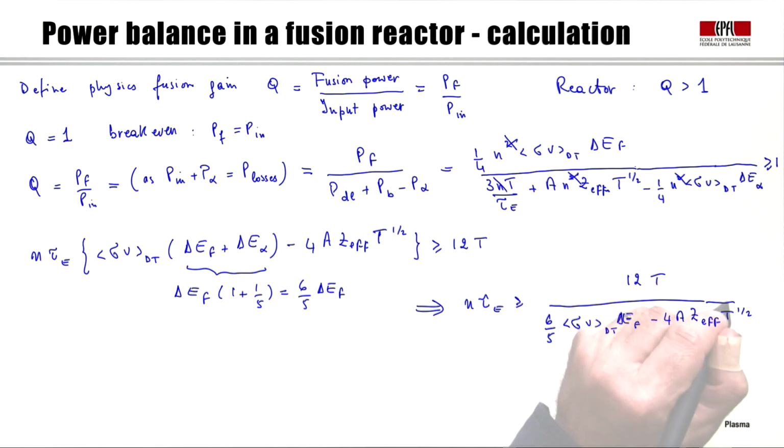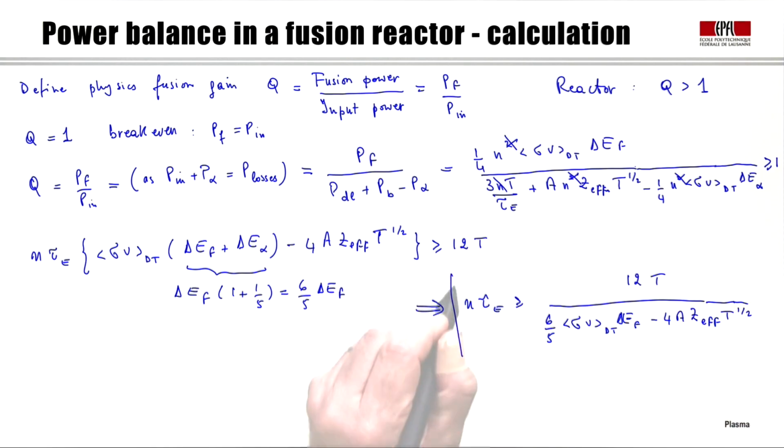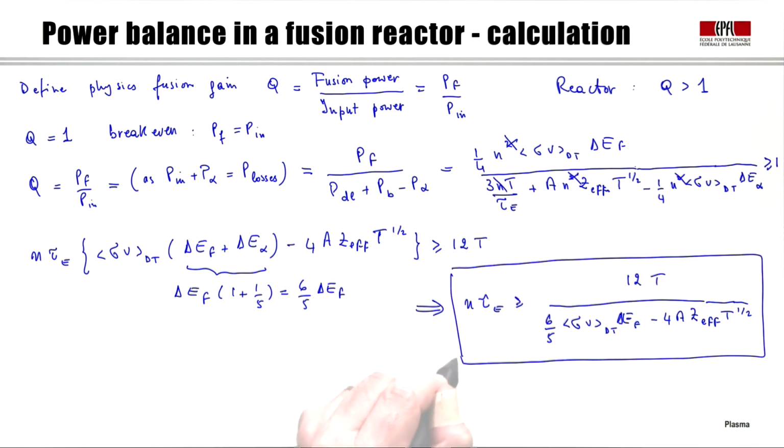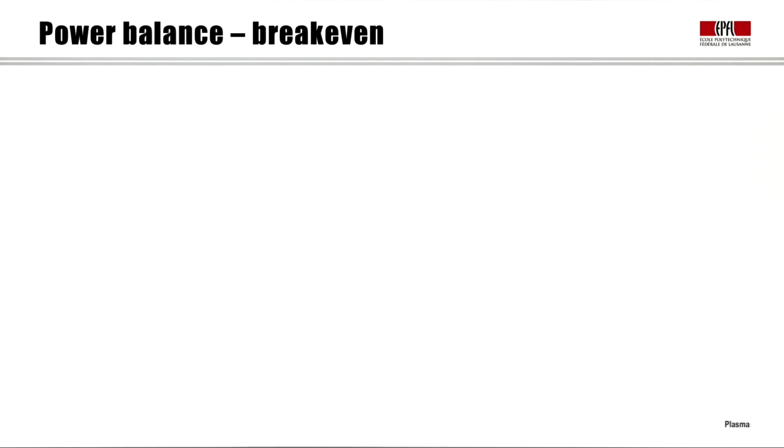So this is the first expression that tells us how good the quality of the confinement needs to be, at least, in a situation in which we start gaining energy from a fusion reactor. That expression is still a little bit complicated, so let's simplify by observing the following.